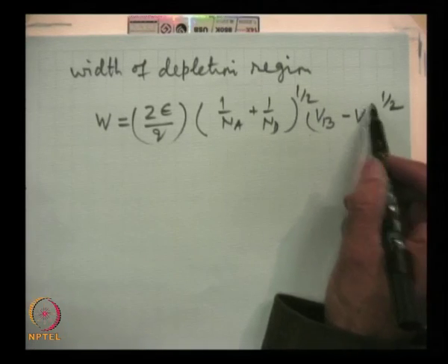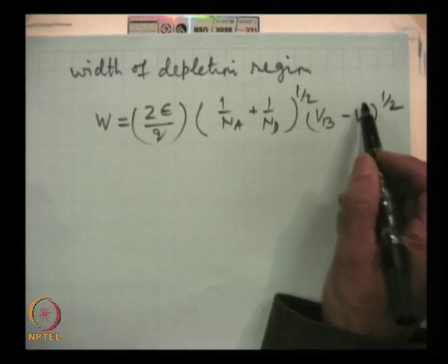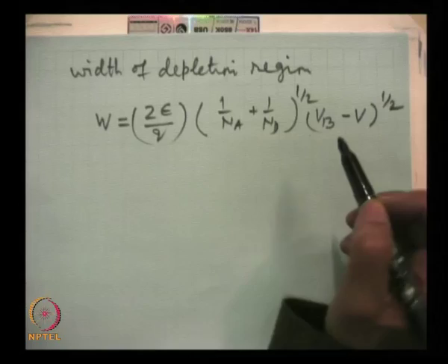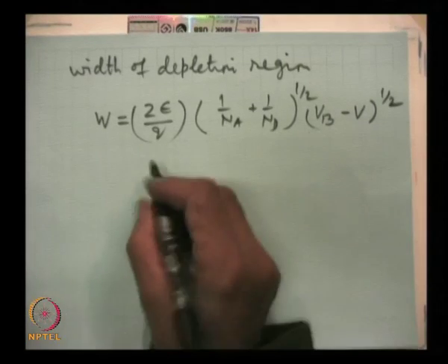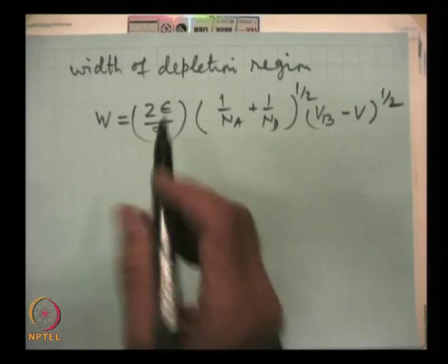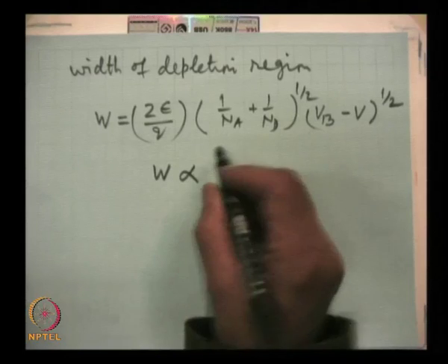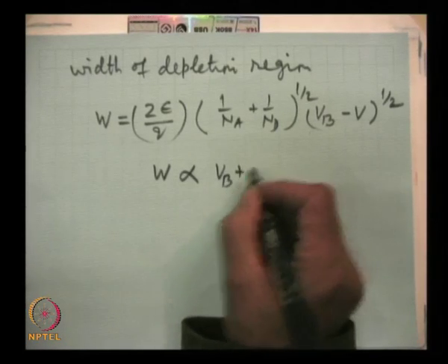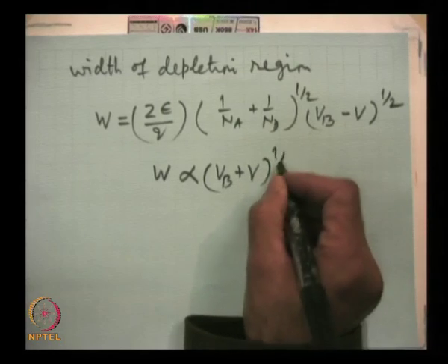When this is negative, this sign becomes plus, and hence W, the depletion width, increases with the applied voltage in the reverse bias.